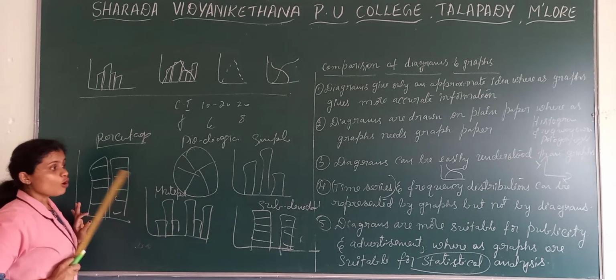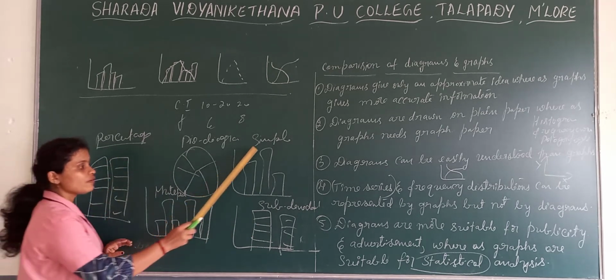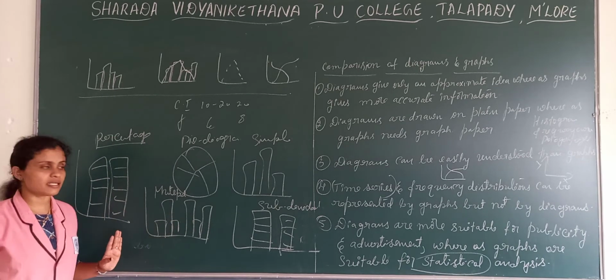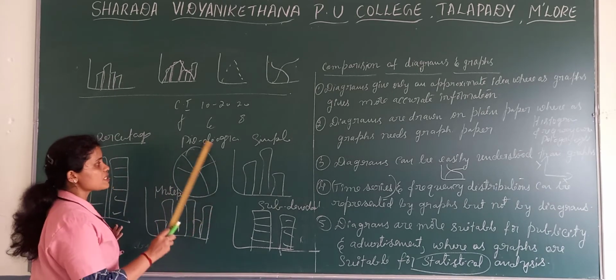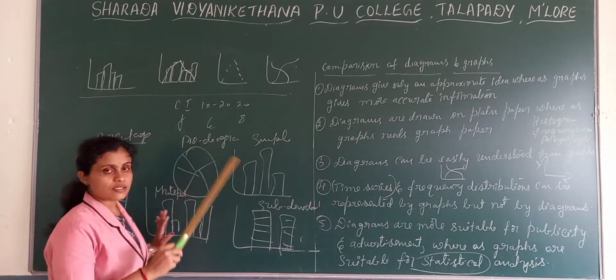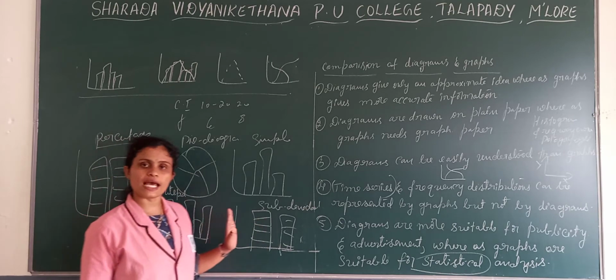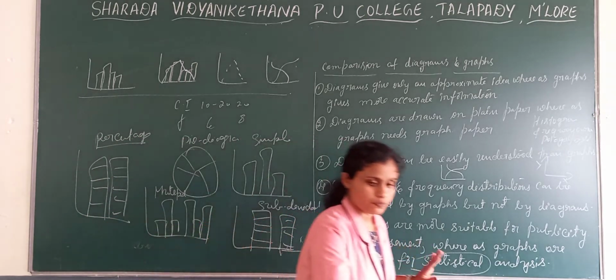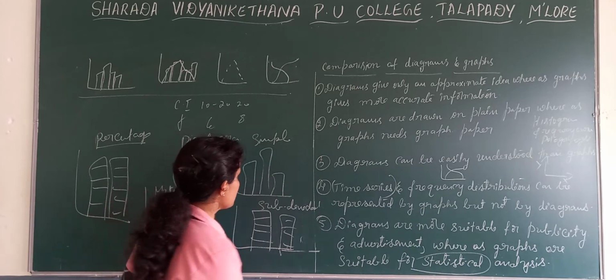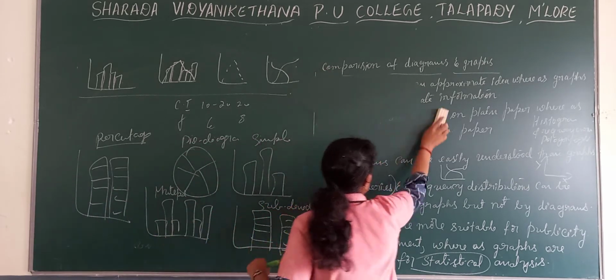These four are one-dimensional diagrams where we consider only the length. Width is for the purpose of attraction, and pie diagram is a two-dimensional diagram where we consider width as well as length.